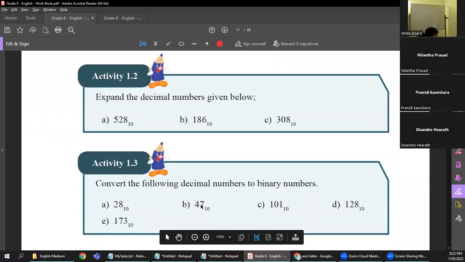Then we come to the next one. Expand the decimal numbers given below. Right. Write down 528 and try to expand it. Do you remember how to expand it? How do we expand it?